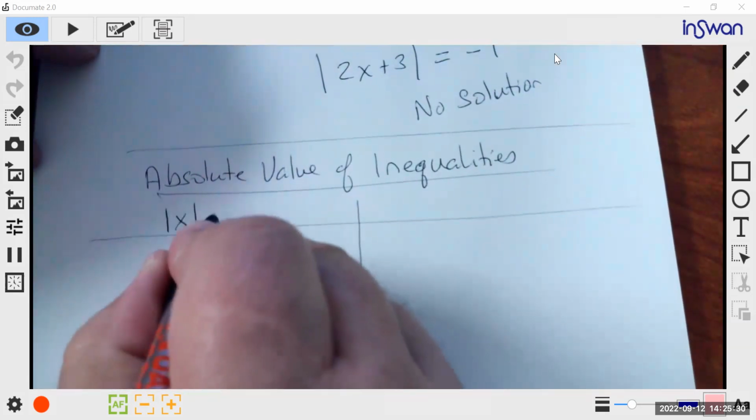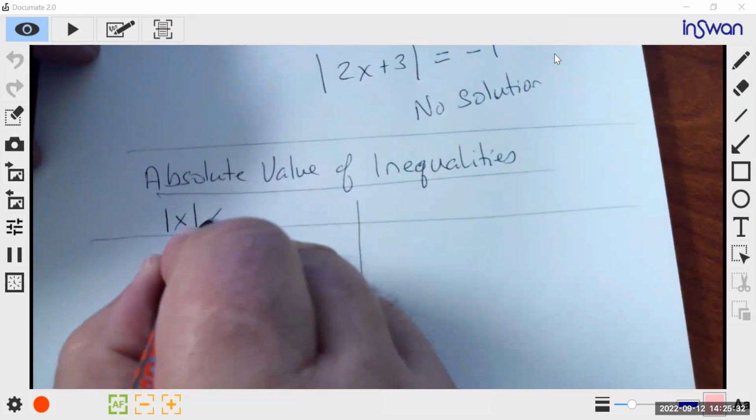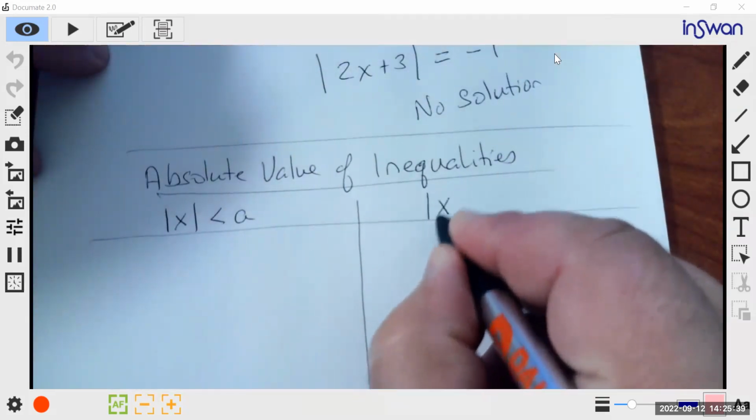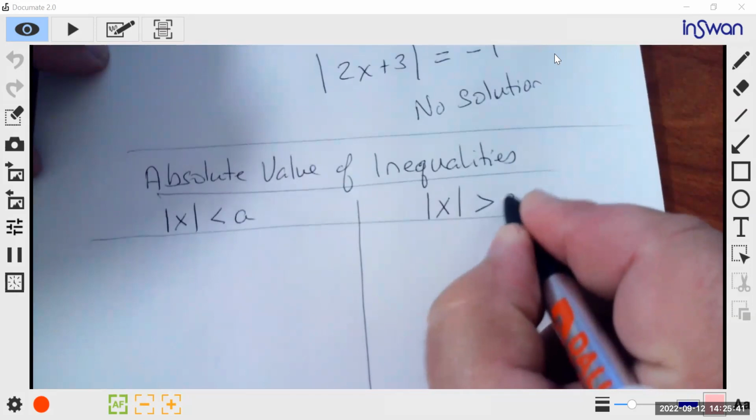Absolute value of x is less than some number a, and absolute value of x is greater than some number a.